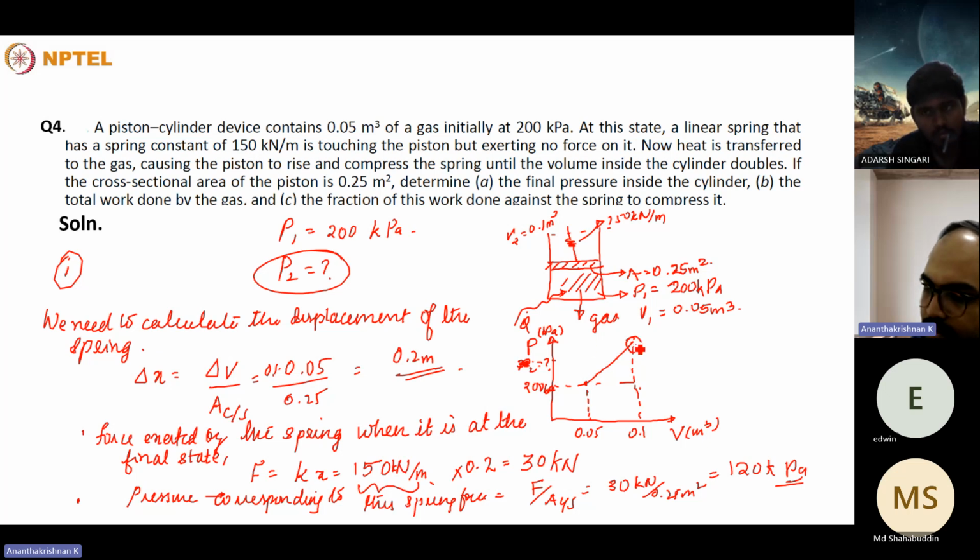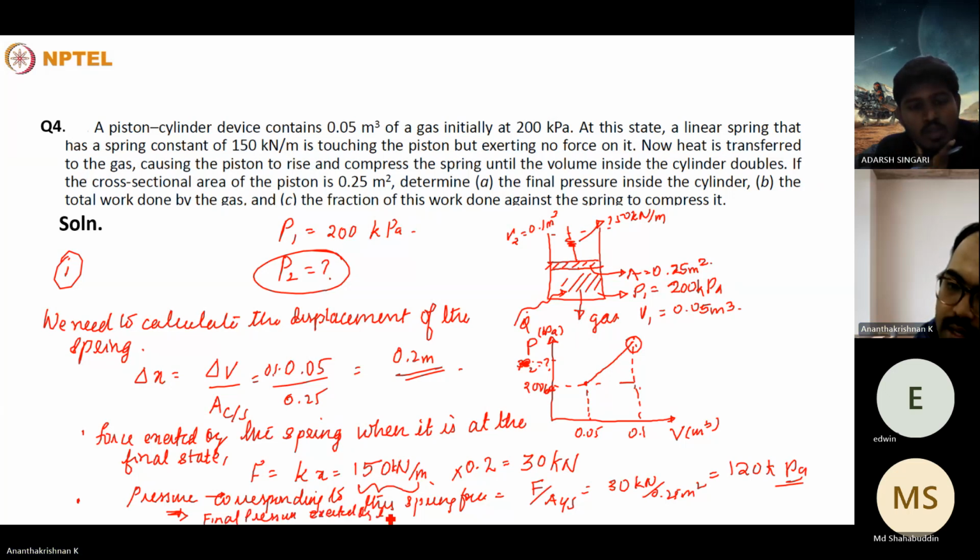Since this is a linear spring, and it is a compression process, the final pressure will be a linear variation. So straight away you can denote the final pressure exerted by the spring piston on the gas as the spring pressure PS plus the initial pressure.